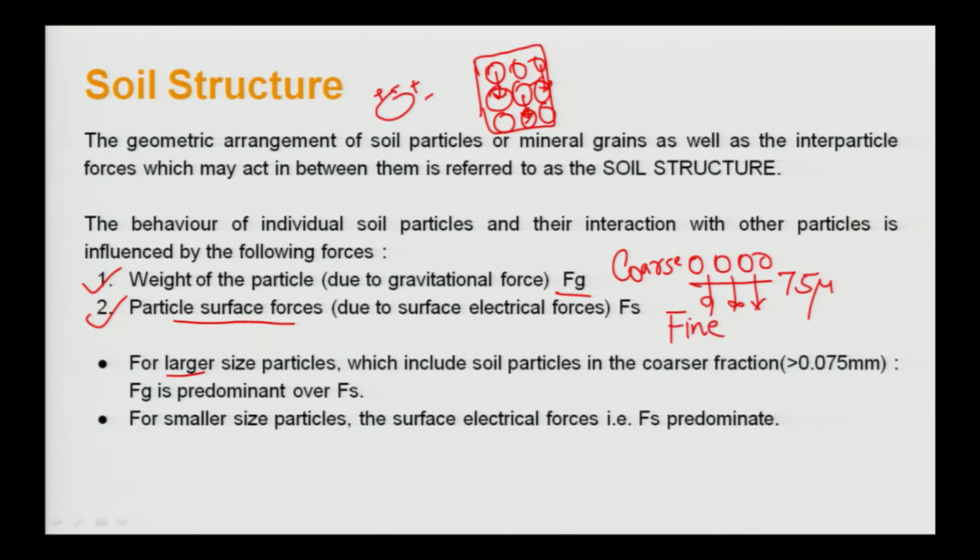So, here also we will be talking about the coarser fraction and the finer fraction. The coarser fraction may include gravel or sand, those we have discussed, or it may contain cobble or boulder.